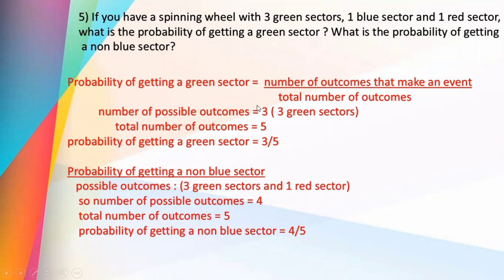Total number of outcomes 3 plus 1 plus 1, that is 5. Then probability of getting a non-blue sector: 4 possible outcomes divided by total number of outcomes 5. So 4 by 5 is the answer.